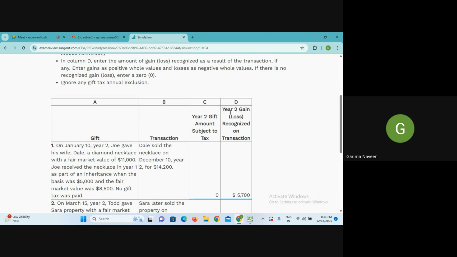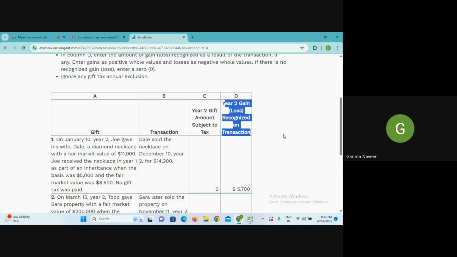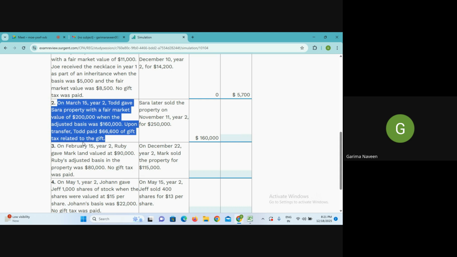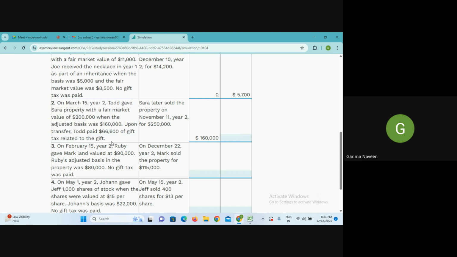Next, the gain or loss that will be recognized on the transaction. To calculate gain and loss, first you have to calculate the basis of the property. This is a case of gift, so the basis will be carryover basis, plus any gift taxes related to the appreciation.